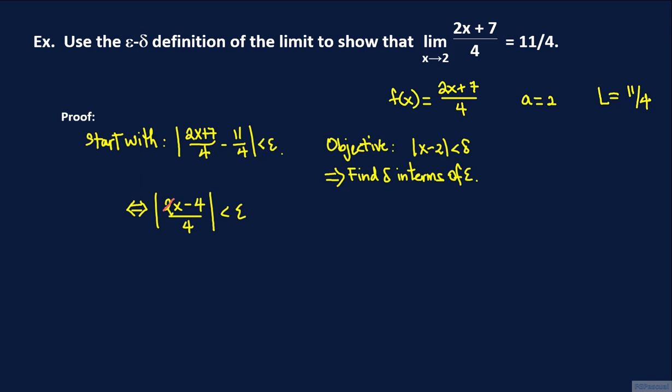We divide everything inside the absolute value by 2. And so we get that the absolute value of x minus 2 is less than twice epsilon.